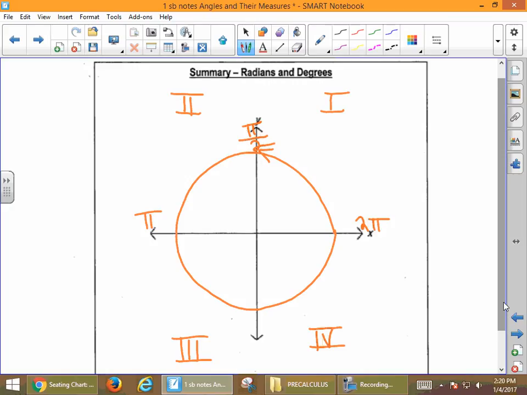I wonder if we could figure out what this radian value is down here. Well, we actually went here. We went 1 pi over 2, then 1 pi. This is 2 pi.